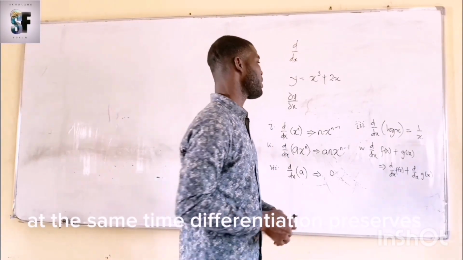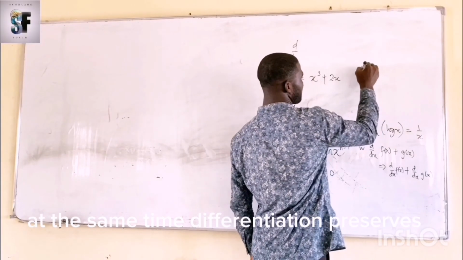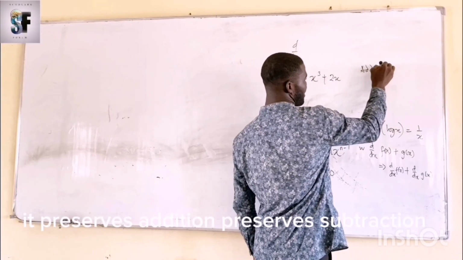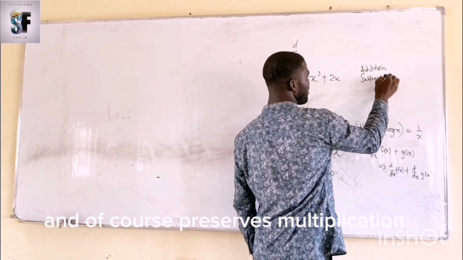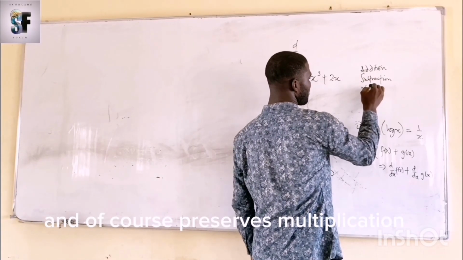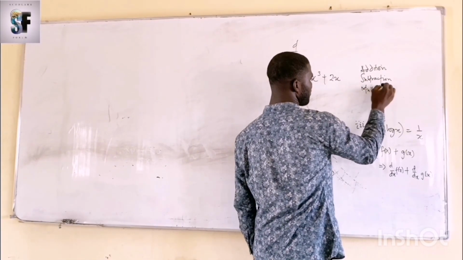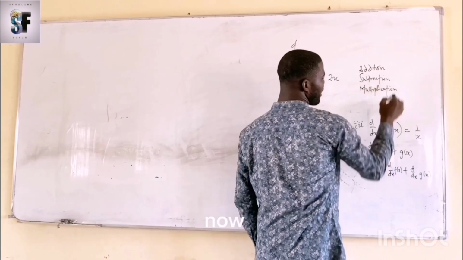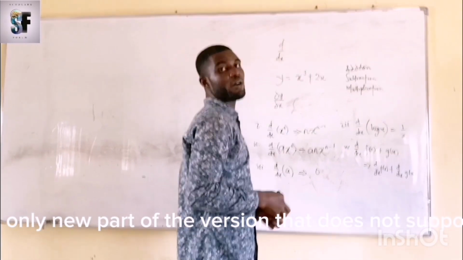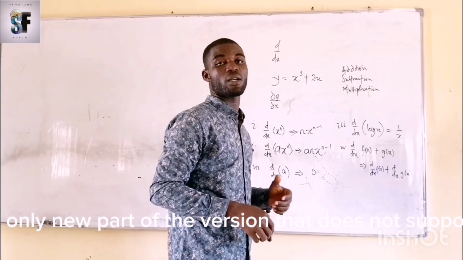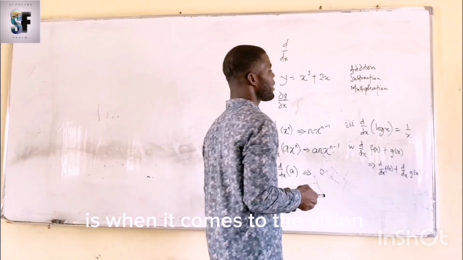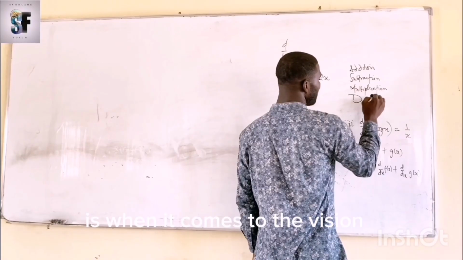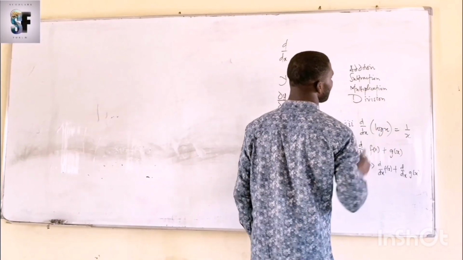At the same time, differentiation preserves subtraction, and of course, preserves multiplication. Now, the only part of differentiation that does not preserve any of these operations is when it comes to division.